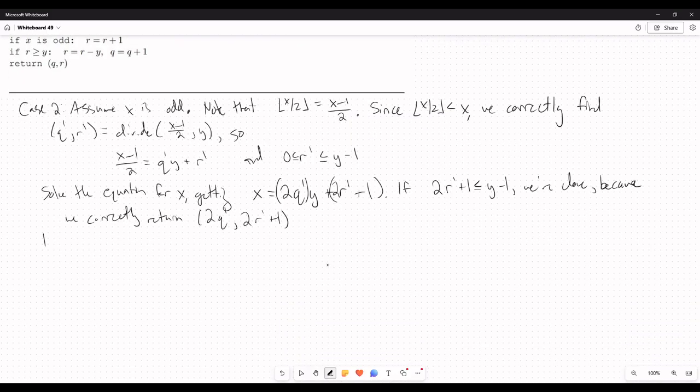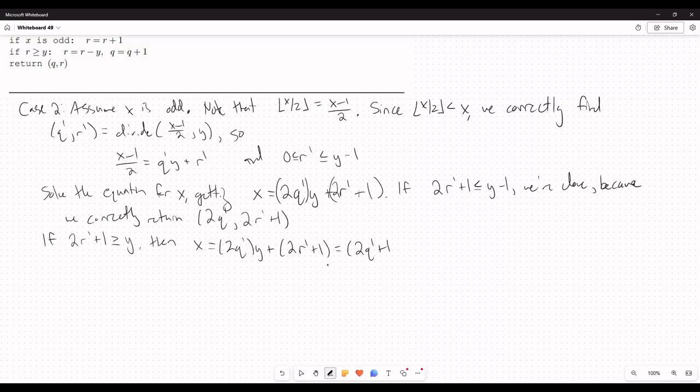If 2r prime plus 1 is greater than or equal to y, then we'll again note that x equals 2q prime y plus 2r prime plus 1, and we can do a similar trick to what we did last time.